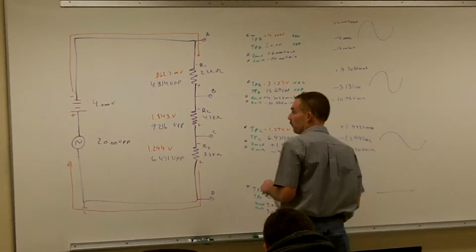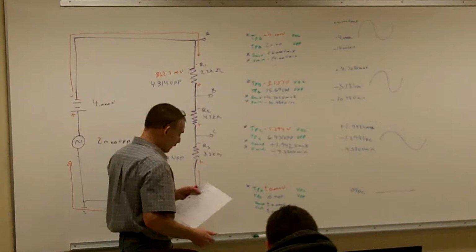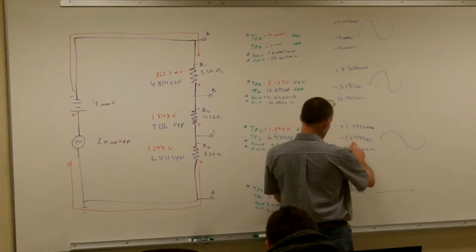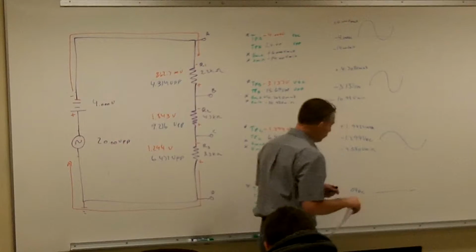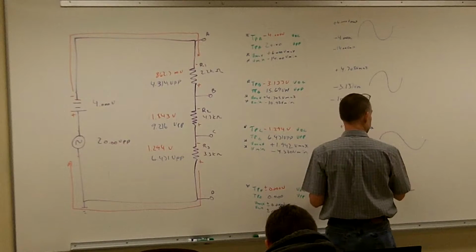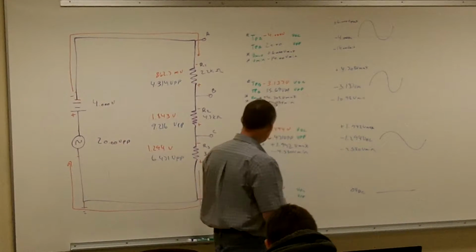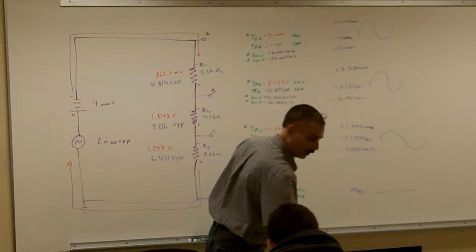Time, we didn't know what the time was because I never gave you any frequency, so we can't do any time on that. We got our DC reference on there, and then our phase. We're just assuming that it would be at 0 degrees. We're just starting them all at 0 degrees. There are no phase shifts or anything like that on this particular one.